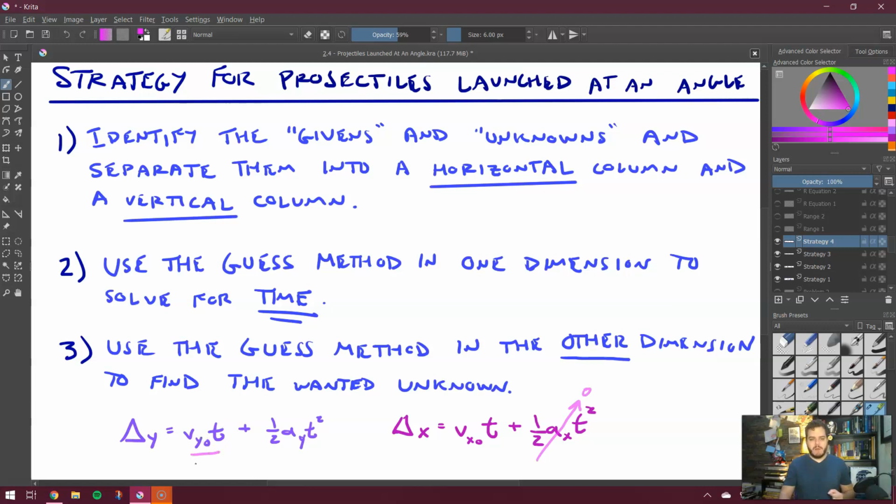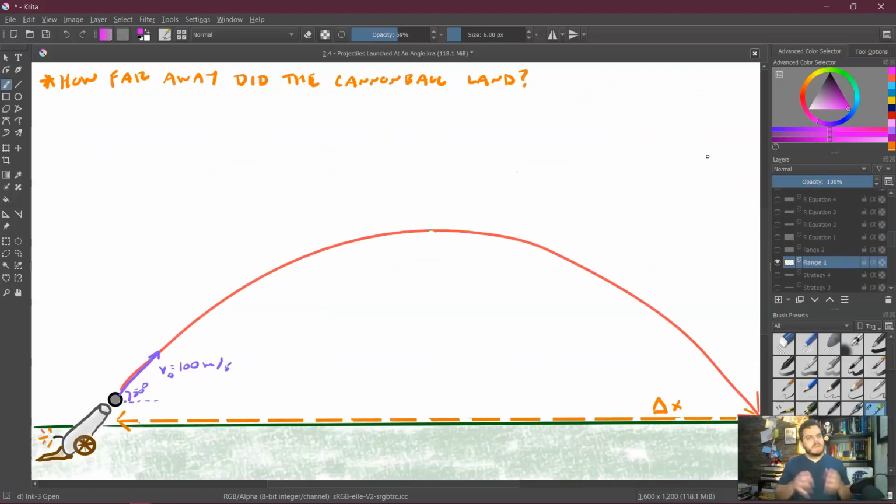So this no longer goes to 0. We need to actually include the whole equation, or else we are not going to come up with the right answer. So let's look at the first question being asked. How far away did the cannonball land? In other words, we want to know the cannonball's range. It's delta x. So let's start identifying the givens and unknowns for the horizontal and vertical dimensions.